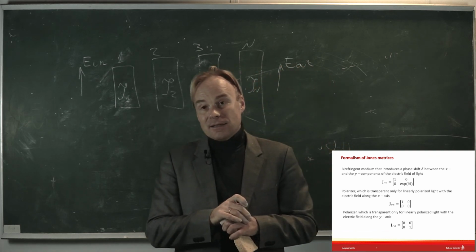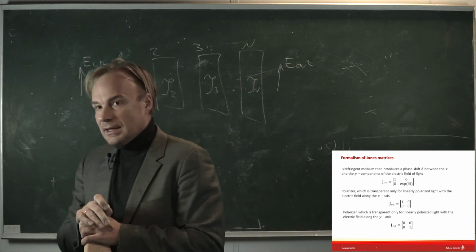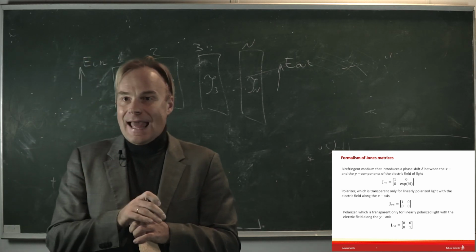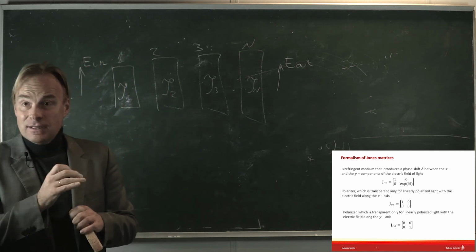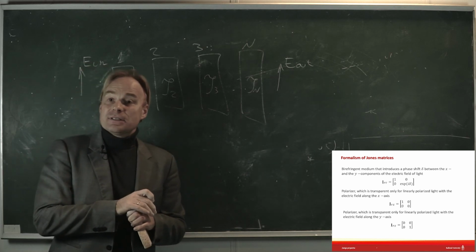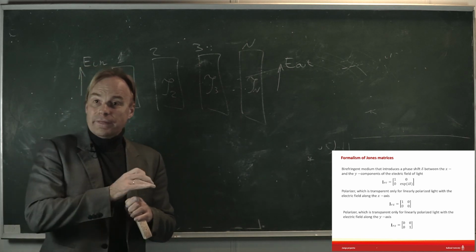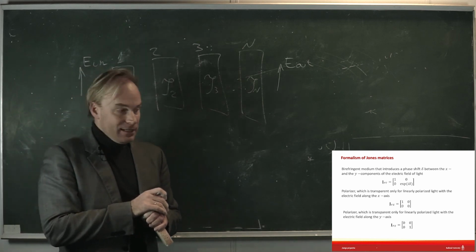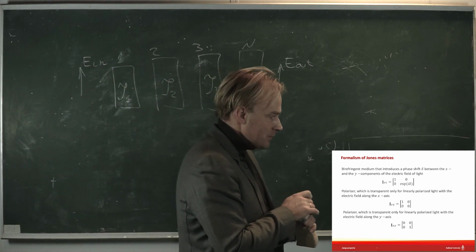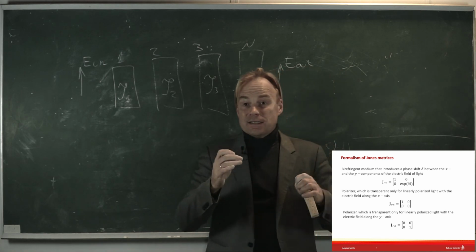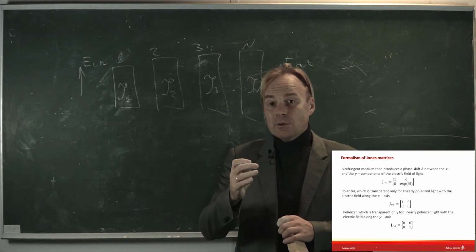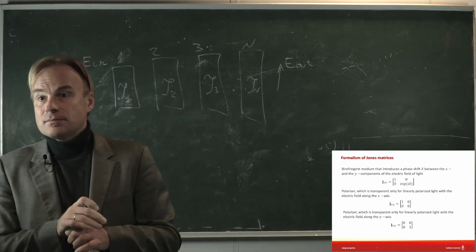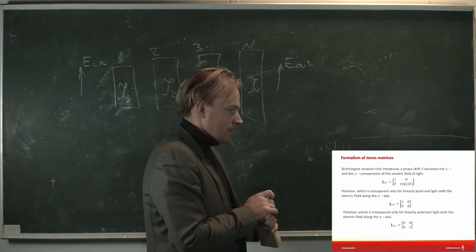If the polarizer allows light polarized along the x-axis to go through, it will have a Jones matrix with 1 at the top left corner. If the polarizer allows light polarized along the y-axis to go through, it will be the Jones matrix with 1 in the bottom right corner.